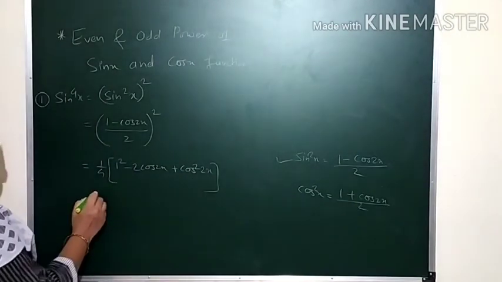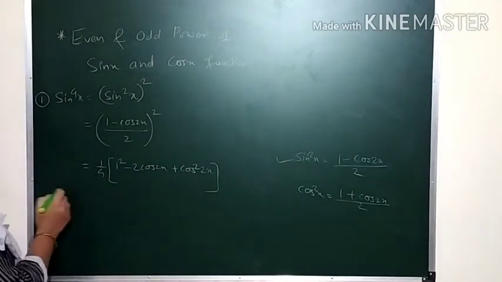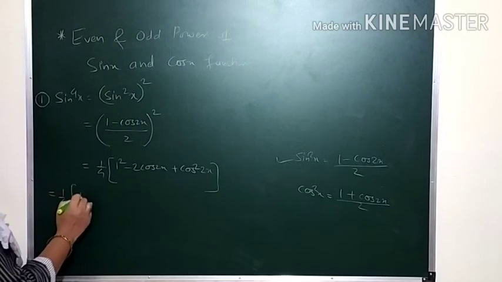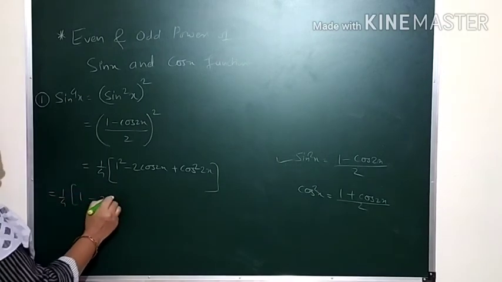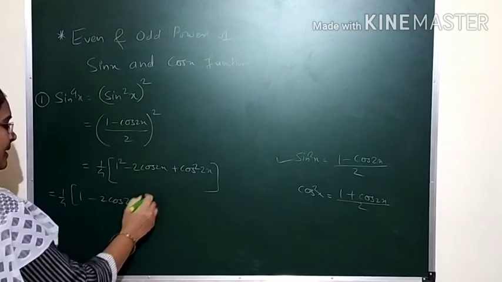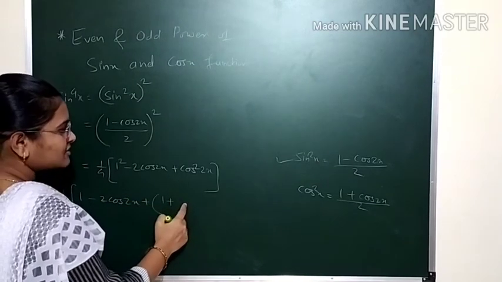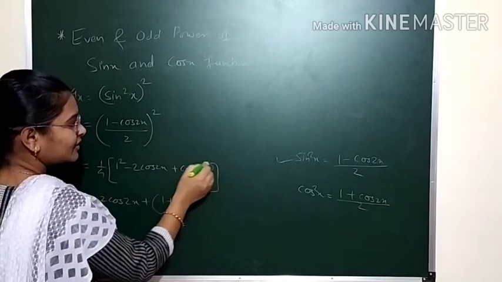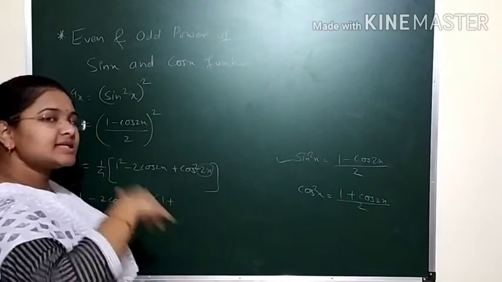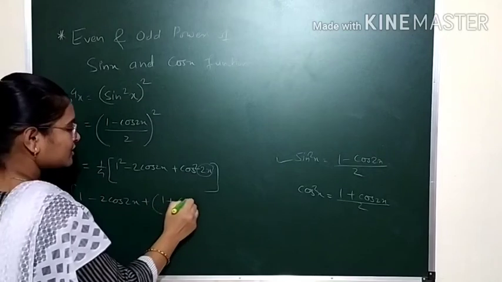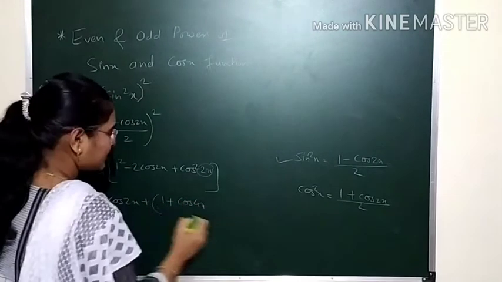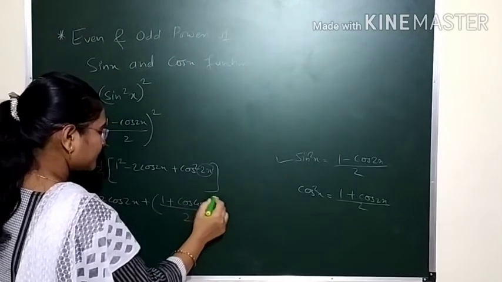It will be 1 by 4 times (1 minus 2 cos 2x plus (1 plus cos 4x) upon 2). Cos 2x will not be there here: your angle is twice x, so its double will be 4x.